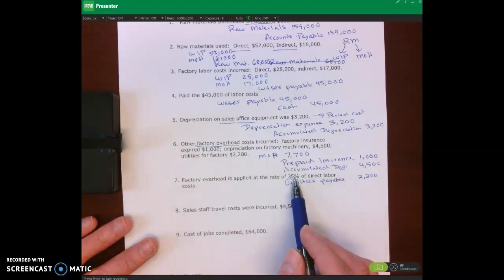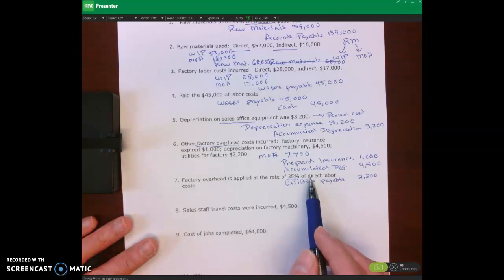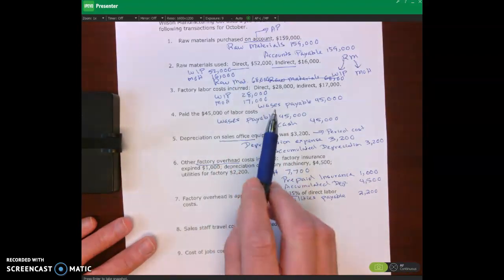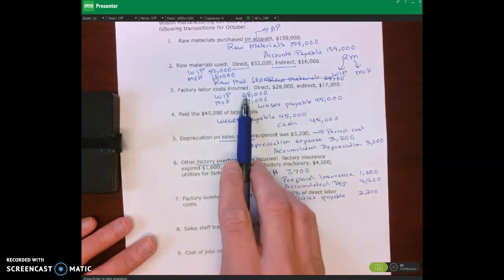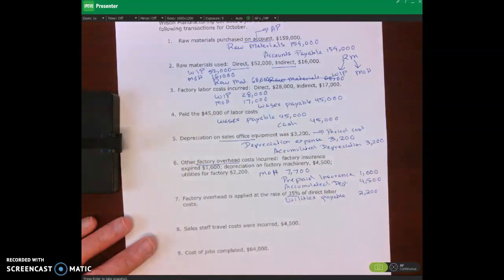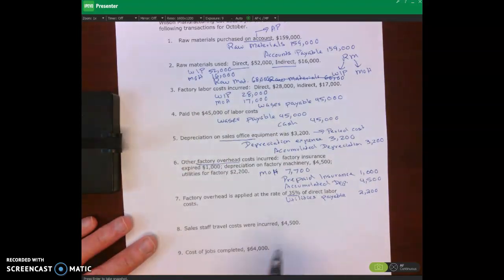So you have to say, well, how much direct labor did we have? We had this much right up here, this $28,000. That's how much direct labor we had. You can see it right there.